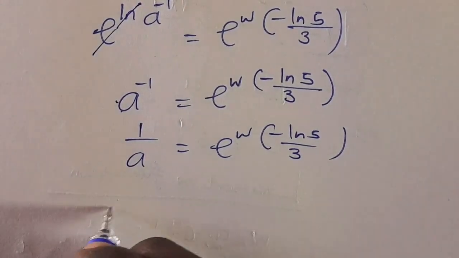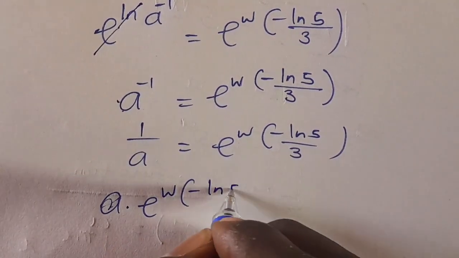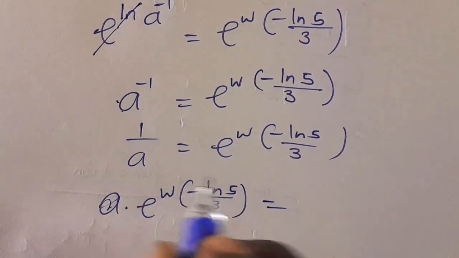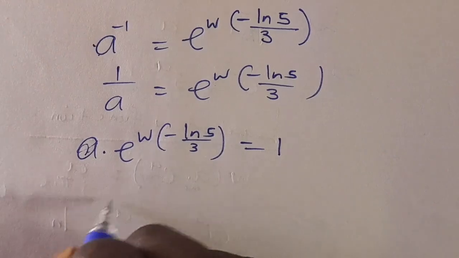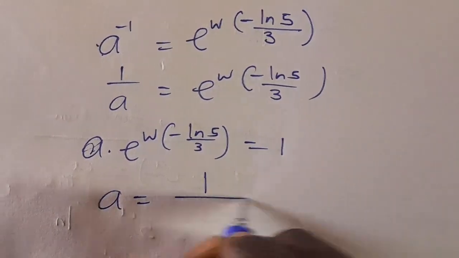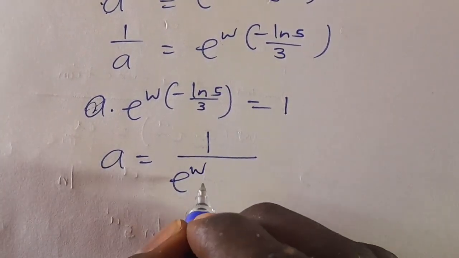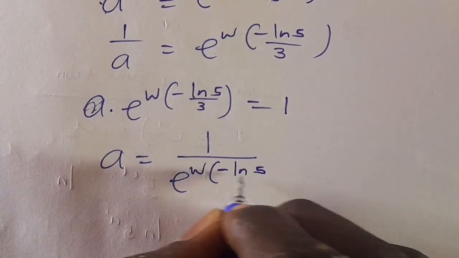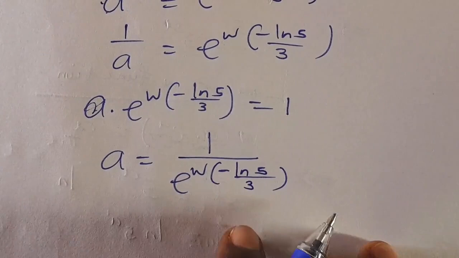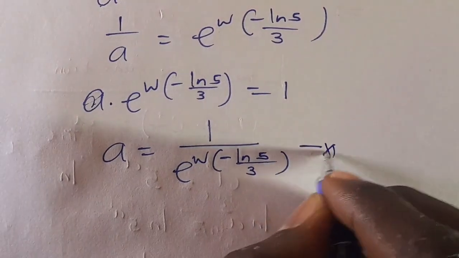When you cross multiply, we have A multiplied by e to the power of minus ln 5 divided by 3 equals 1. So we have our A to be equal to 1 divided by e to the power of W Lambert function of minus ln 5 divided by 3. Now guys, let's take note of this.